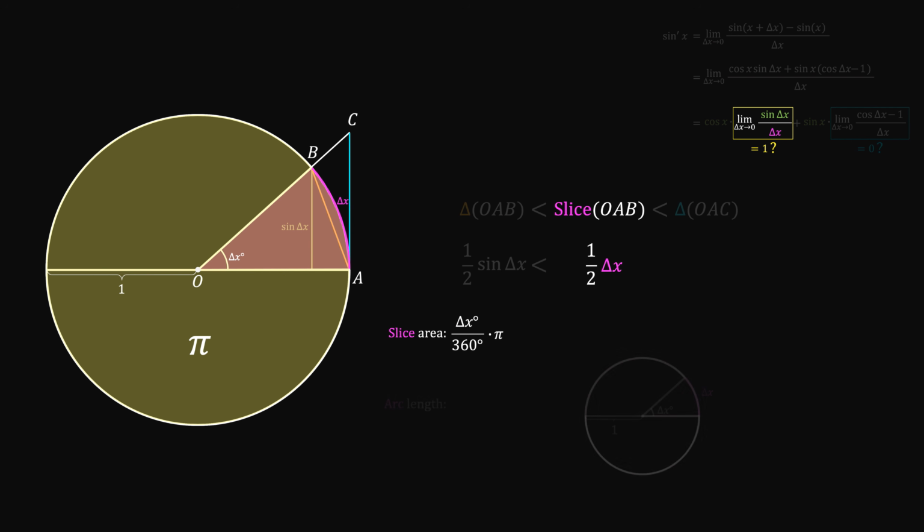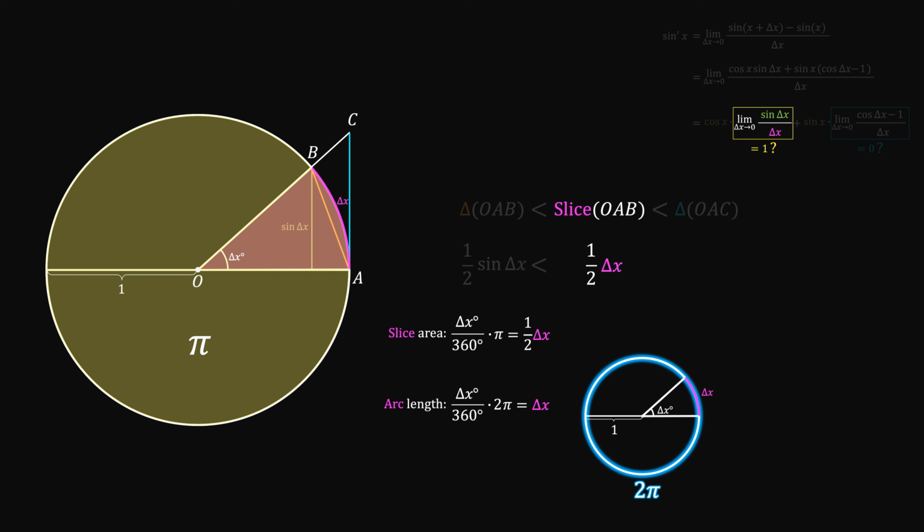But also remember how we define arc length. It's a fraction of the overall circumference. The fraction is also the angle divided over 360, but the circumference is 2 pi. So this is arc length. Hence, the slice area is half the arc length.